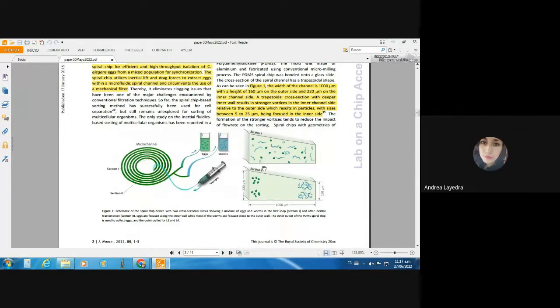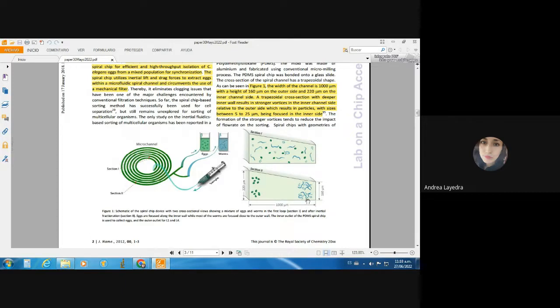The trapezoidal cross-sectional channels have been proven effective to widen this distance between equilibrium positions, as demonstrated in separating circulating tumor cells from the blood of patients with cancer. As can be seen here, the channel width and height is 1,000 and 116 micrometers on the outer side, and 220 micrometers on the inner channel side.